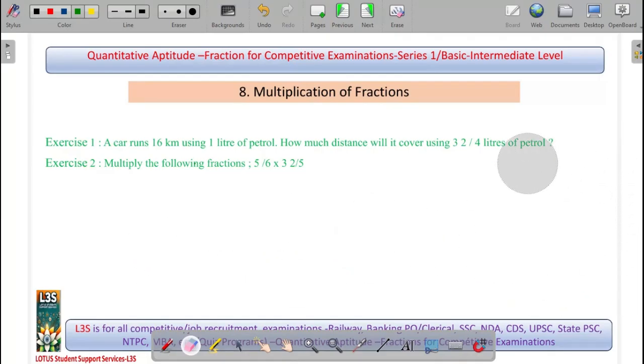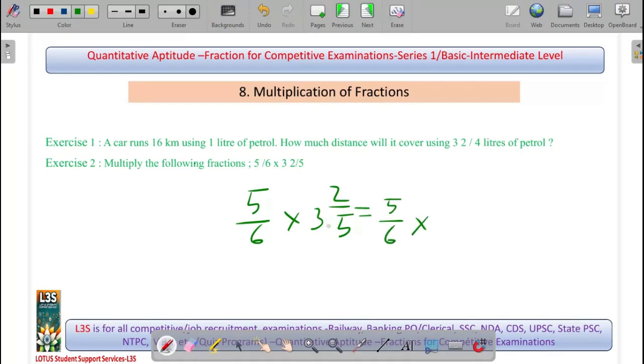Next one is multiply the following fraction. 5 by 6 into... first we will convert this, or we can say 5 by 6 into 3 into 5, 15 plus 2, 17 by 5.